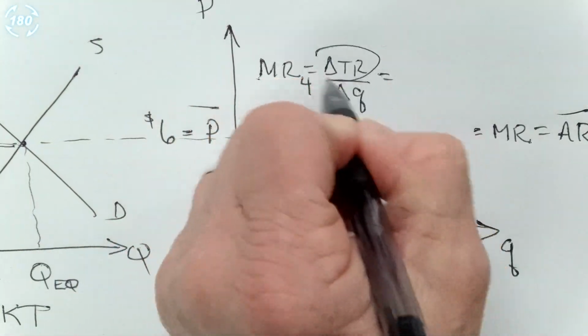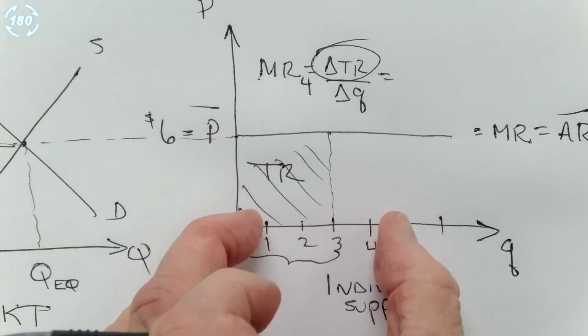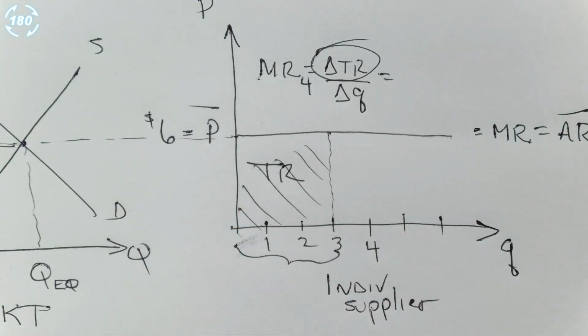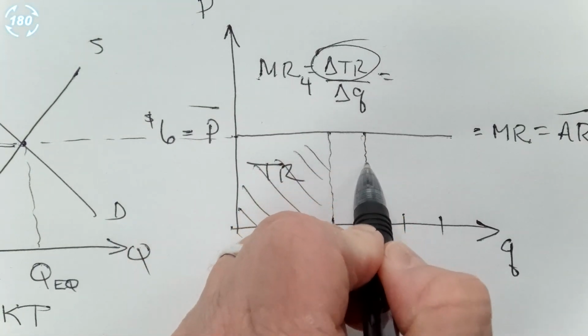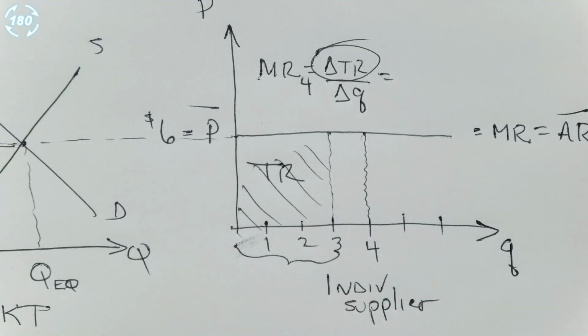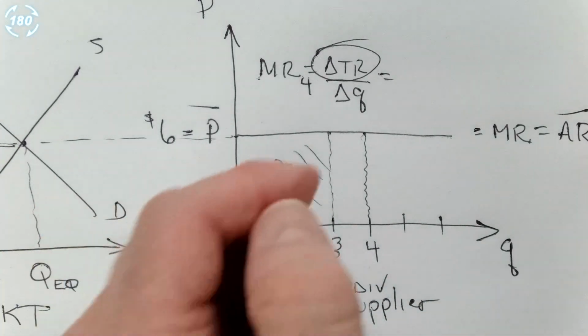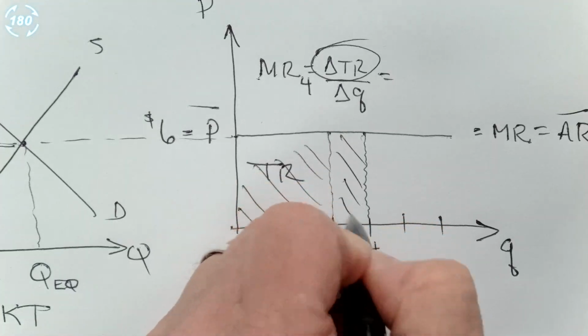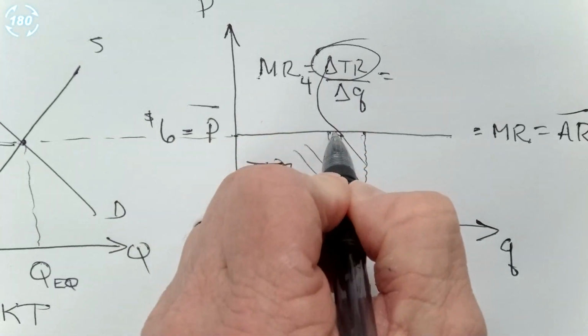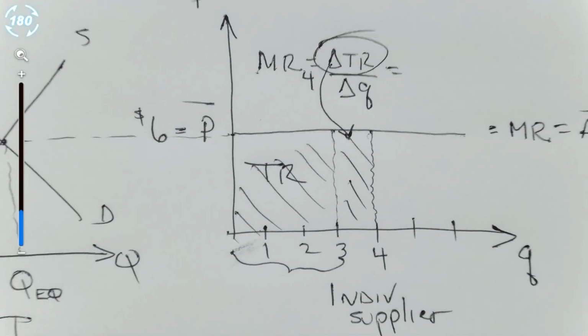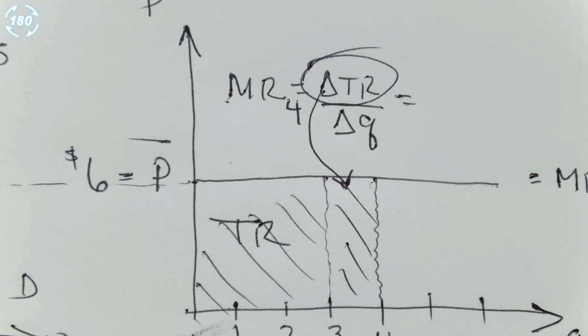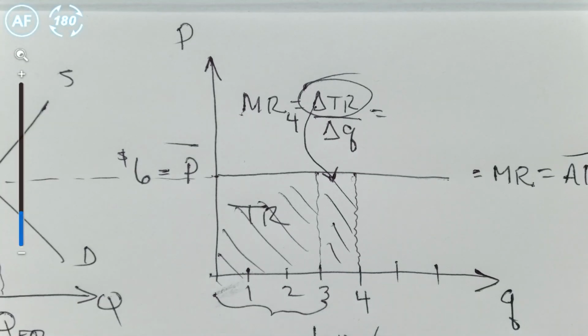It's the change in total revenue when I go from 3 to 4 units. So all I'm going to do to compute the change in total revenue is expand that rectangle by adding on this amount right here. That would have to be the change in total revenue, right? Wouldn't that be the change in total revenue? It's the little extra I add on to that.